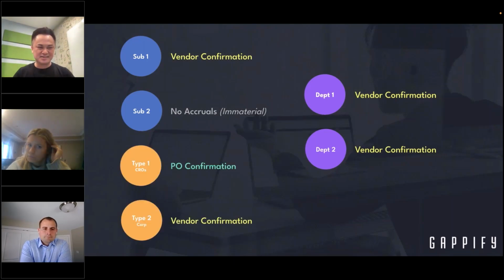And this is when maybe you can apply different classes or categories of vendors. So if it's an HR contractor, that could be different from a CRO. PO confirmation maybe is more effective for one class and not the other. But do take a moment to take a step back and figure out what your strategy is.